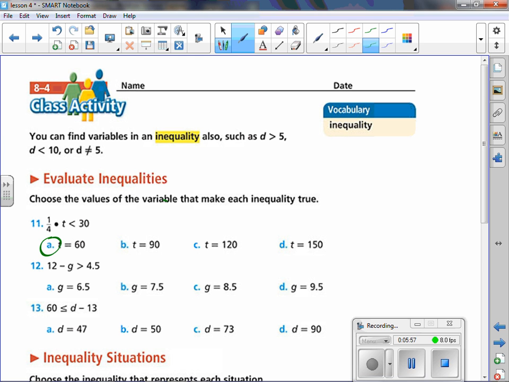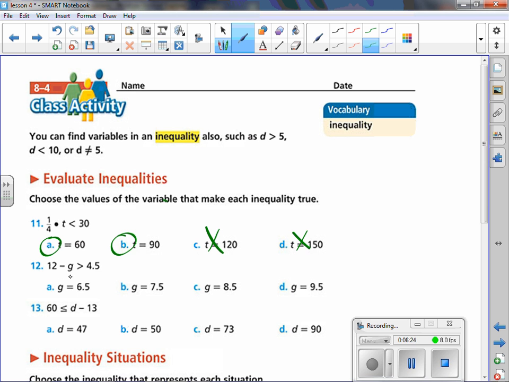We're going to circle that one. 90 divided by 4, because that's what 90 times a fourth is, 22.5. So yes, that's also less than 30. 120 divided by 4 is 30. That's equal to, so it can't be this one. Which means it also can't be this one because the 120 was already greater.